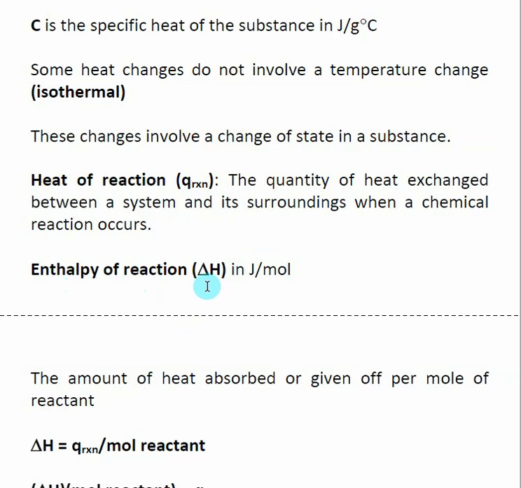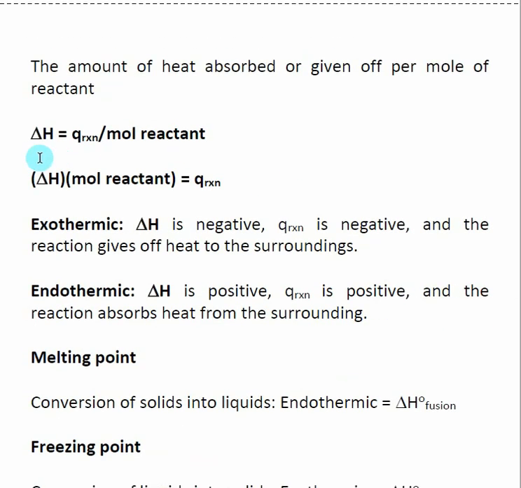In this case, delta H is in joules per mole, and sometimes it's going to be in kilojoules per mole. That's something else you're going to have to watch out for, because a lot of the times enthalpies are in kilojoules per mole and specific heats are in joules per gram degree C. So we're going to have to make sure that our units are in alignment. The basic equation for enthalpy is that delta H, the enthalpy, is equal to the Q of the reaction divided by mole of reactant.